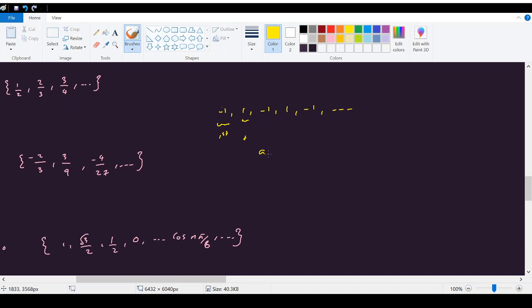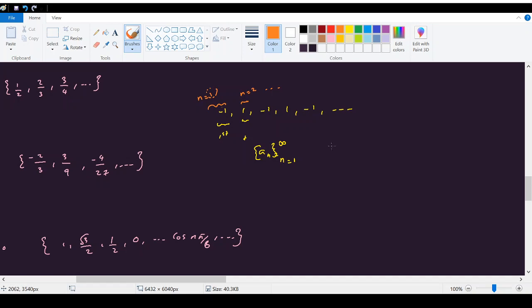One way we can do it is, if we start our sequence from n equals 1 and it goes up to infinity, this position is the output for n equals 1, and this should be the output for n equals 2, and likewise. When n is 1, you need to get negative 1. When n is 2, you need to get positive 1.